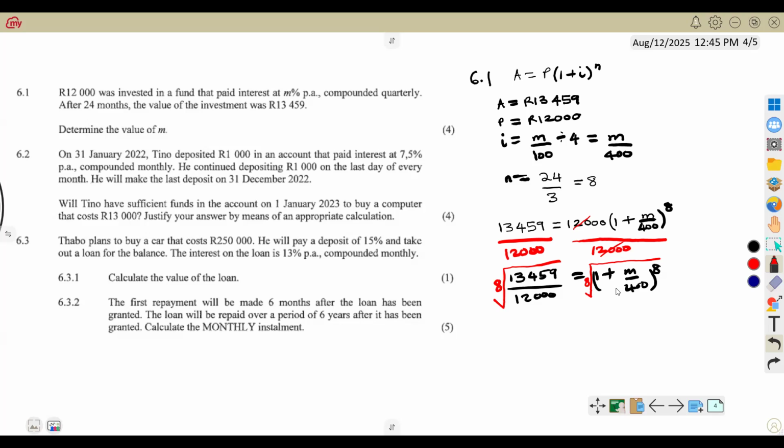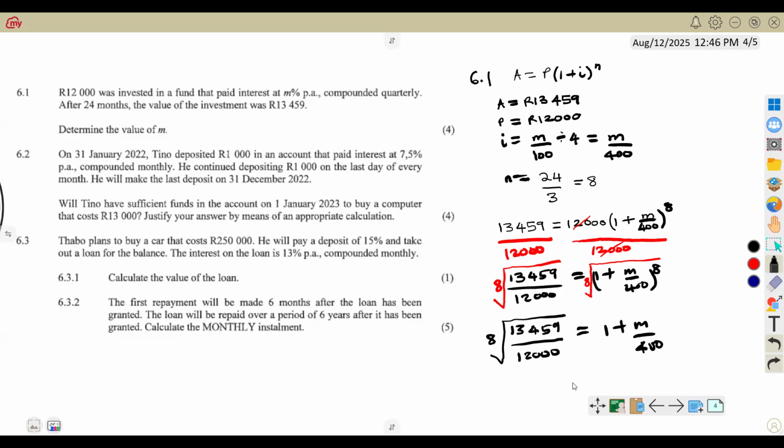Simplifying that, you are now left with the 8th root of 13,459 divided by 12,000 must be equal to 1 plus m over 400. So you have to transpose the 1 to that side.